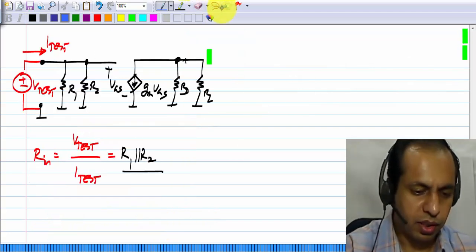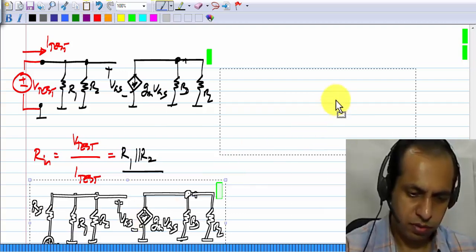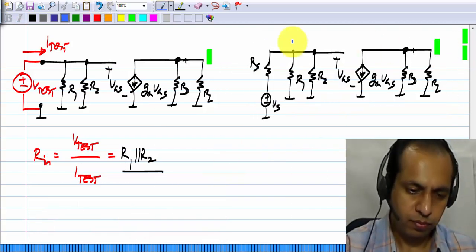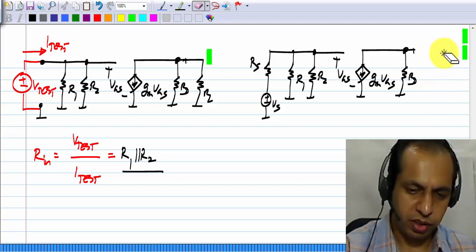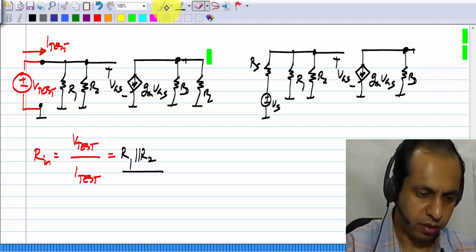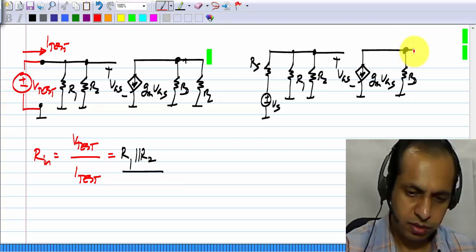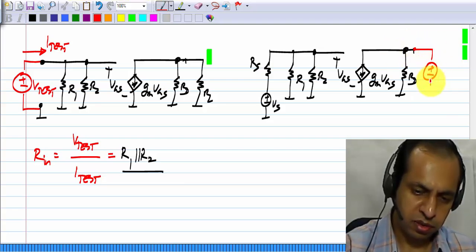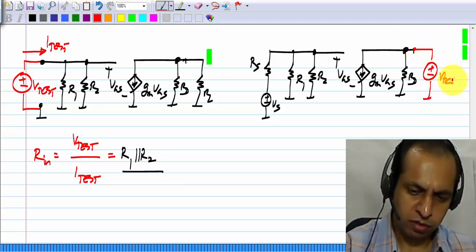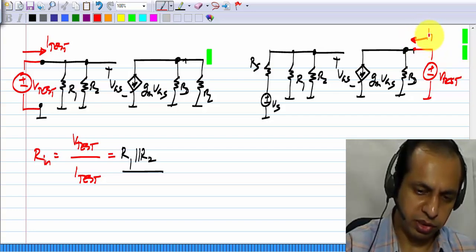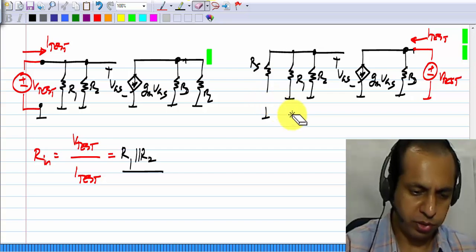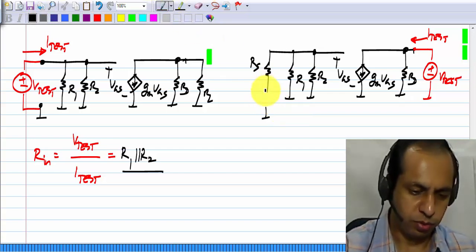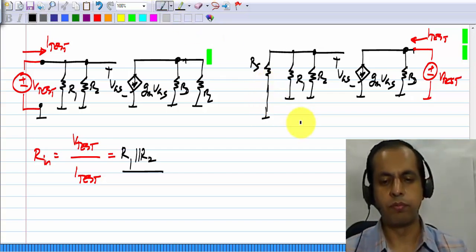Now coming to the output resistance, we measure it between the points where the load is connected. We apply Vtest and measure Itest, and the source Vs would be set to 0, meaning it would be replaced by a short circuit.